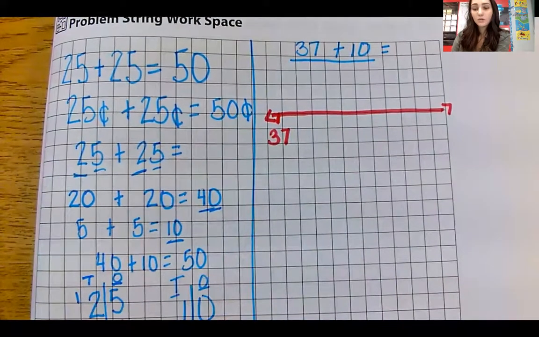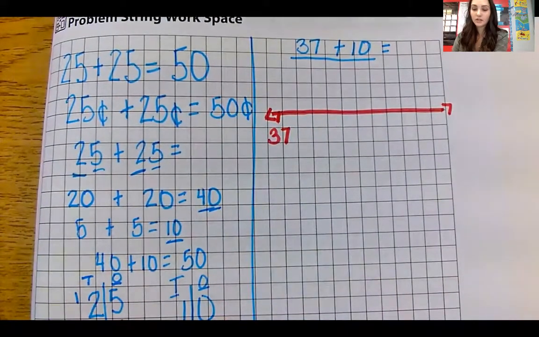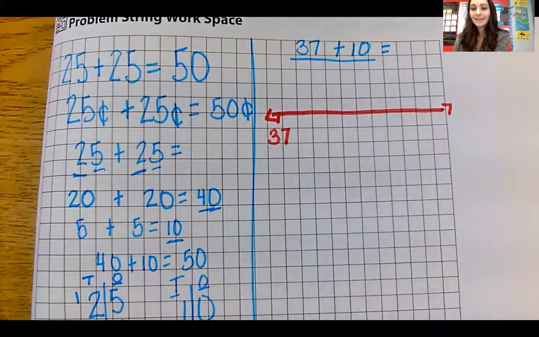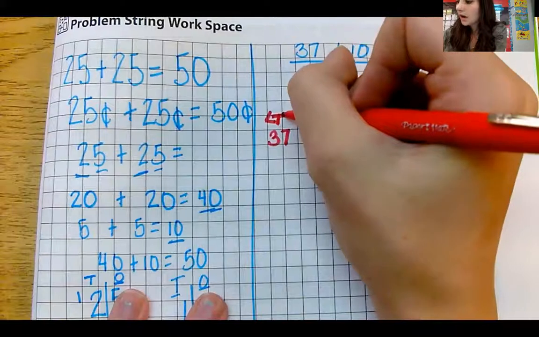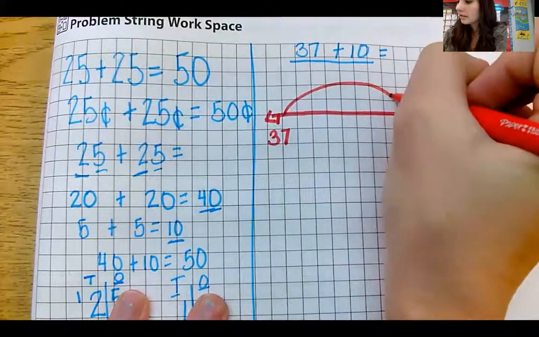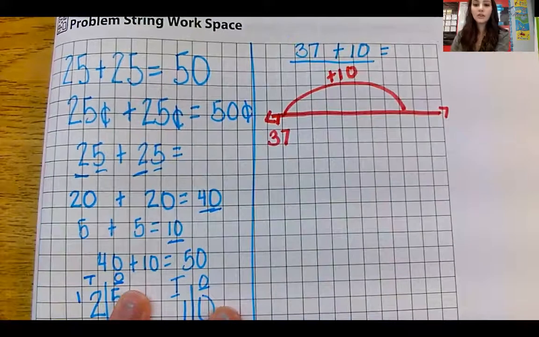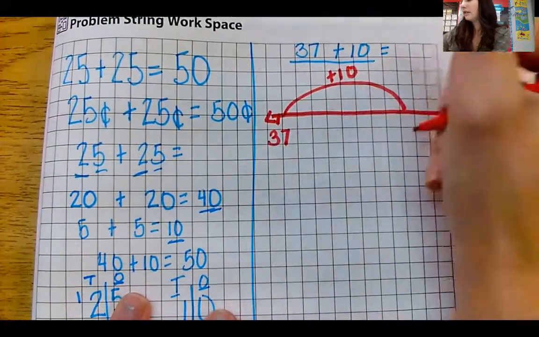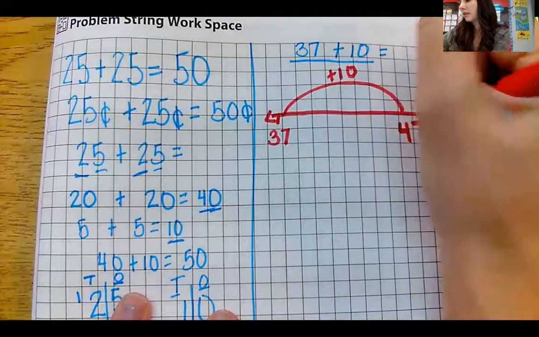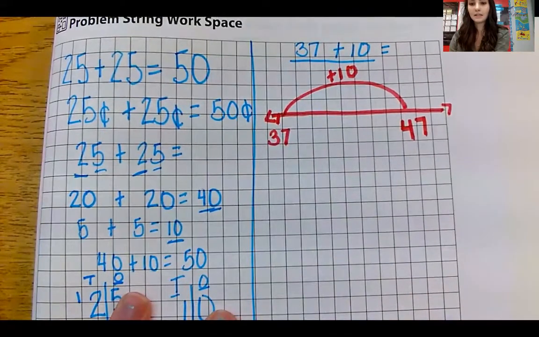And we are going to use friendly numbers to find the answer to this problem. So 10 is a friendly number. So I'm just going to draw like this. I'm going to add 10, and 37 plus 10 is 47. So 47 is my answer.